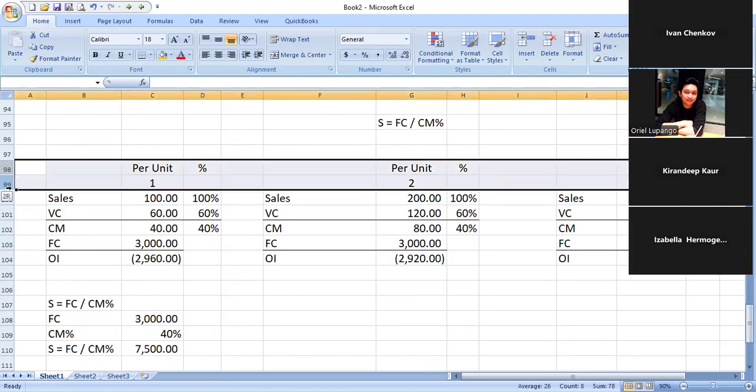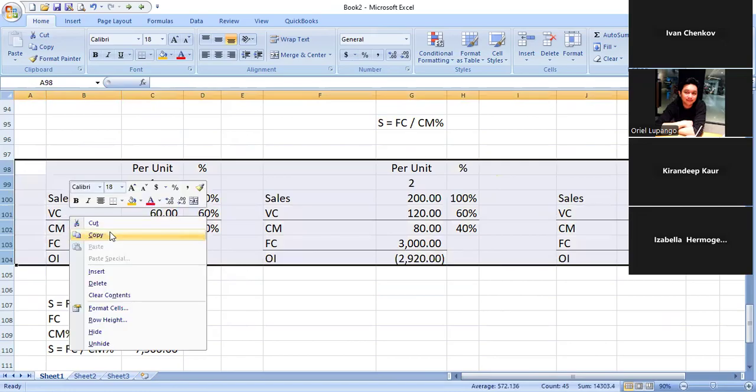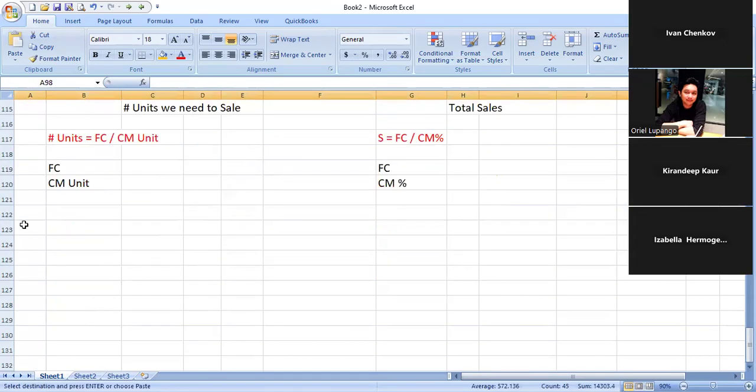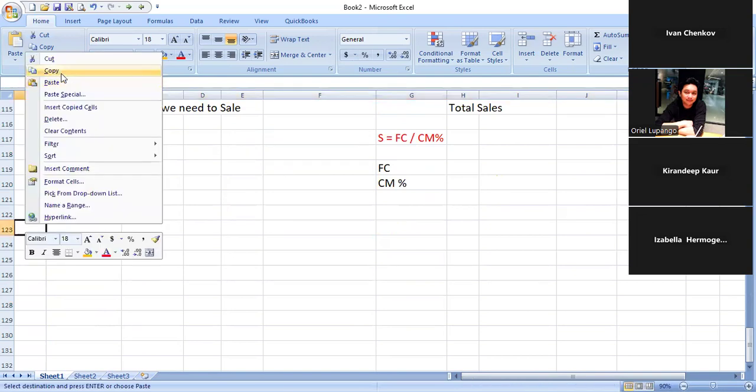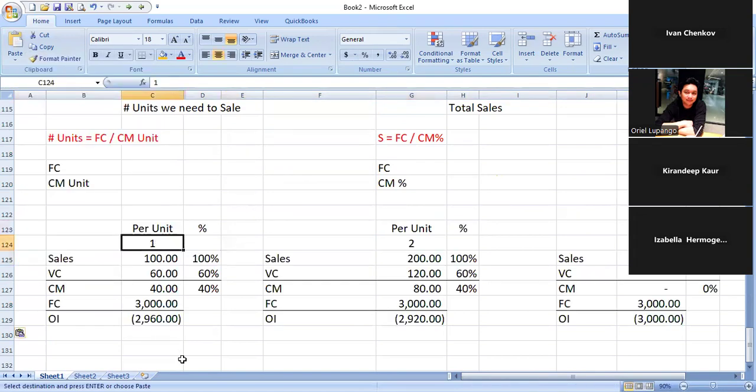So let's see another thing we can do with these formulas. Per unit, we're selling one. We already said if we sell 75 units, we'll be at break even. Remember?